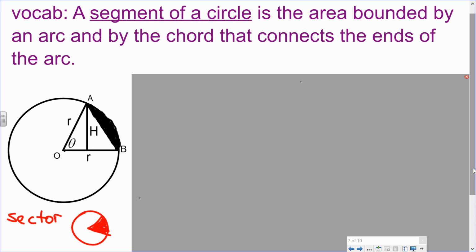They're not always real skinny. I could have a great big old obtuse angle here. When I take the chord that connects those points, look how fat this segment would actually be. So everybody kind of see what we're talking about with sectors and with segments.